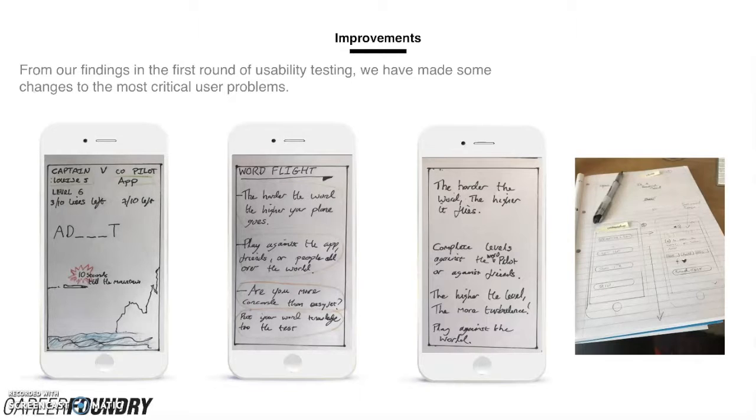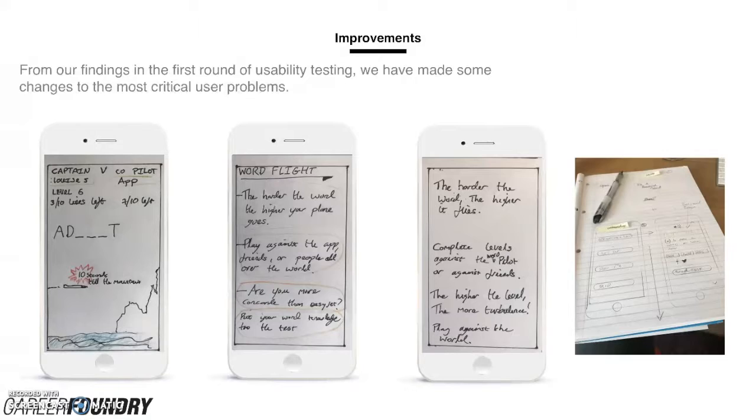As you can see, the first screen there, we've decided to create a different type of game, to make the game more appealing, which is one of the big usability problems that we found. So you keep the plane flying by being able to put the right letters into the word, and then it gets faster and faster. That was the beginnings of the game. And hopefully in future usability testing that might prove more interesting. We certainly hope so.